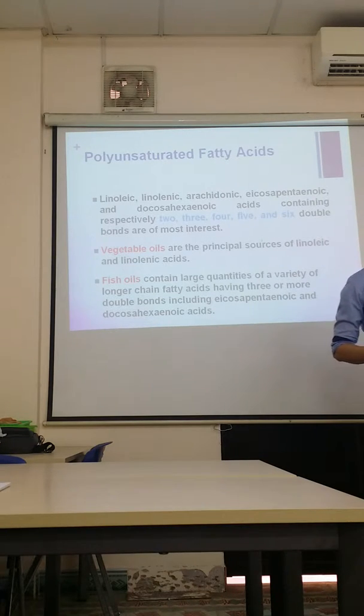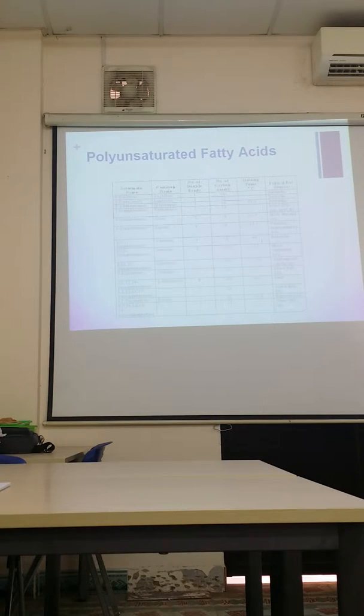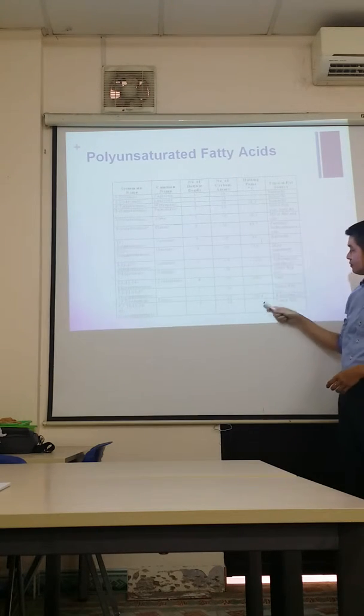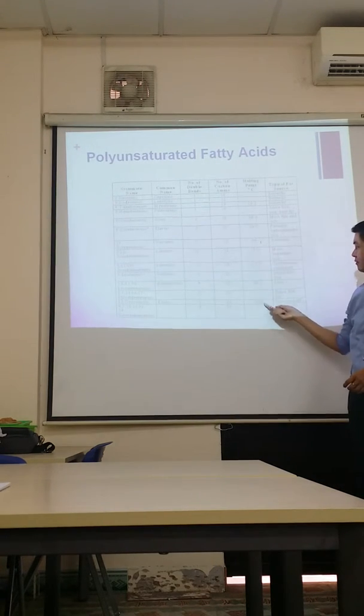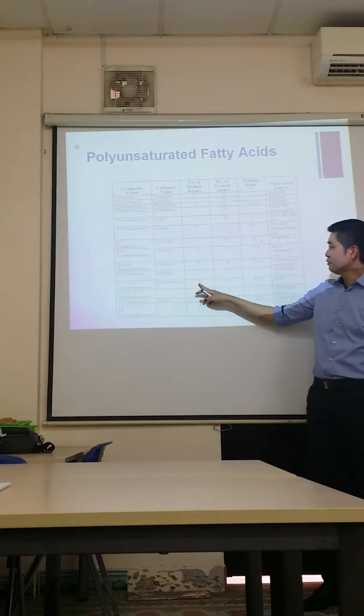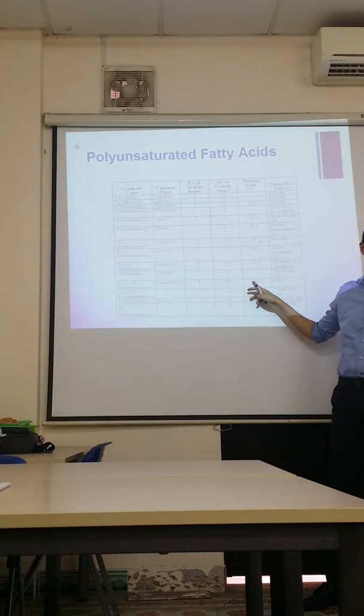Okay. If you take a look at the melting property, we cannot measure the melting property. It is so low that you don't know what the melting temperature is, because, for example, with four double bonds, the melting temperature is minus 50.